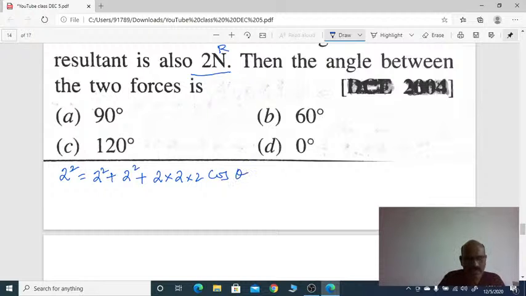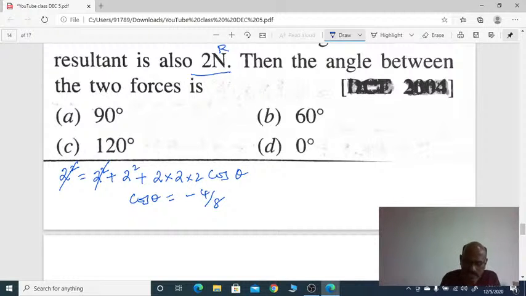That's it, so you can now simplify everything. You will finally get cos theta equals minus 4 by 8. Here 2 square is 4, 2 square is 4, and 2 into 2 into 2 is 8. So 8 cos theta equals minus 4, cos theta equals minus 4 by 8.